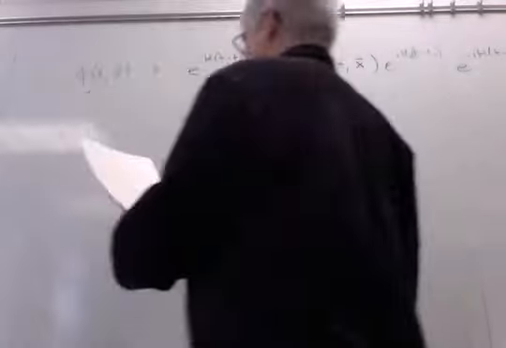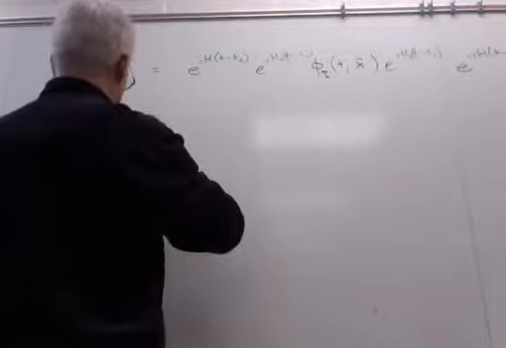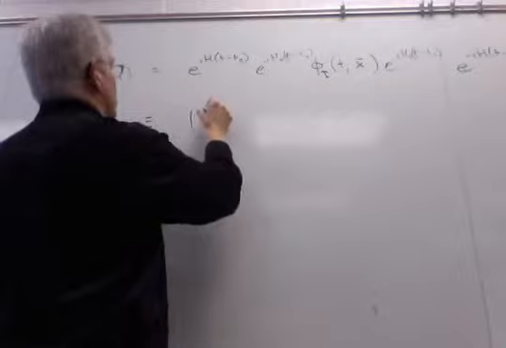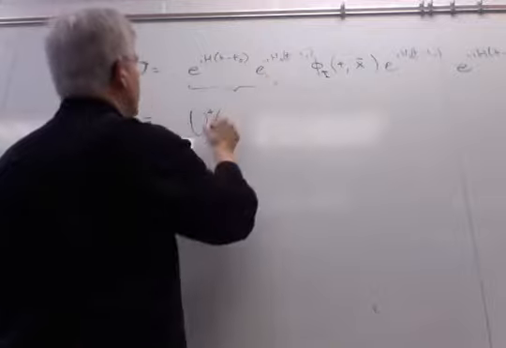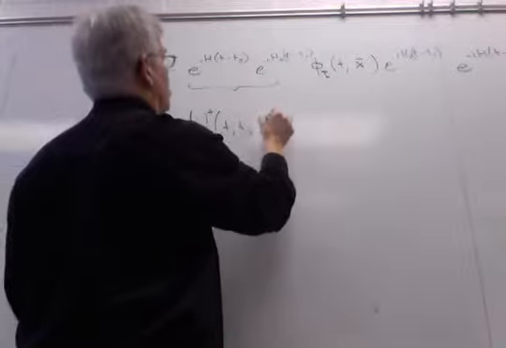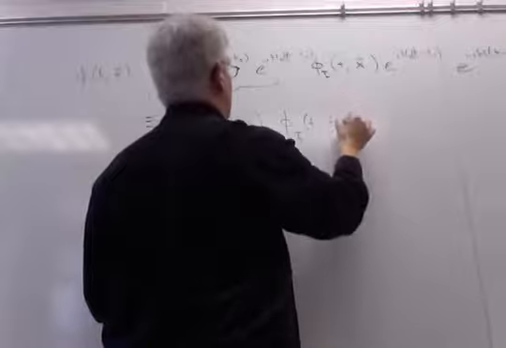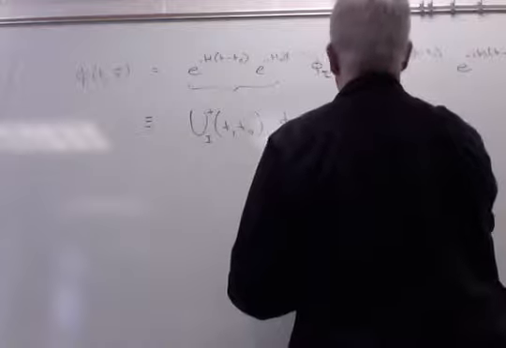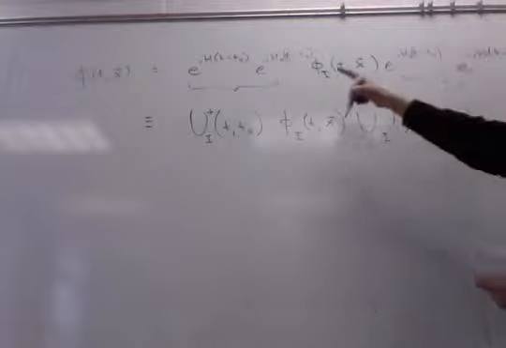So I'm going to call this thing here the interaction picture evolution operator, U sub I. Well, actually, this is the evolution operator, that's its adjoint.